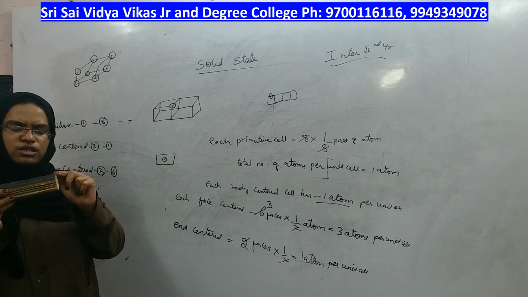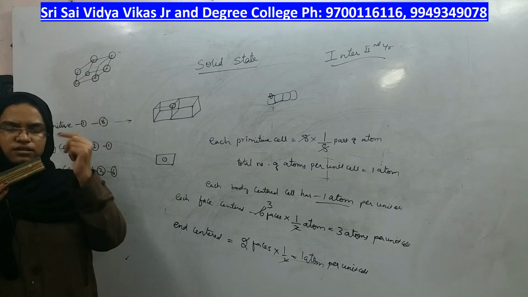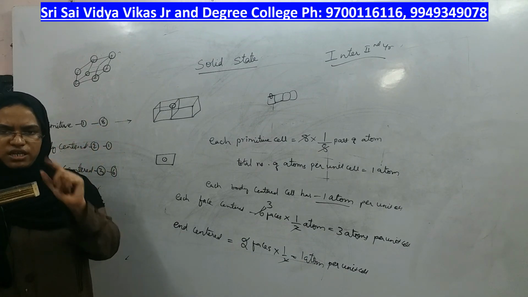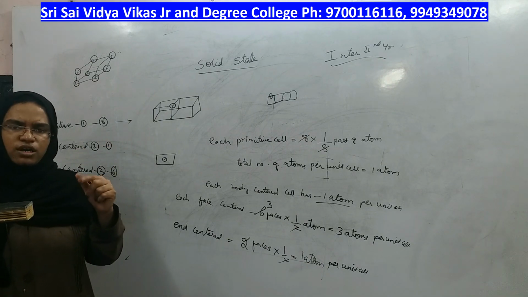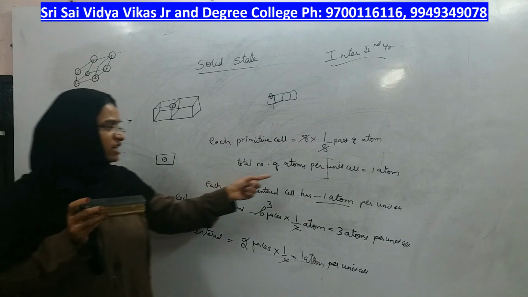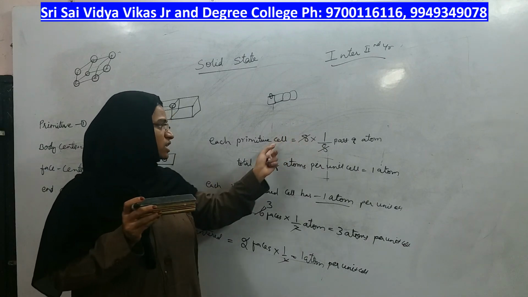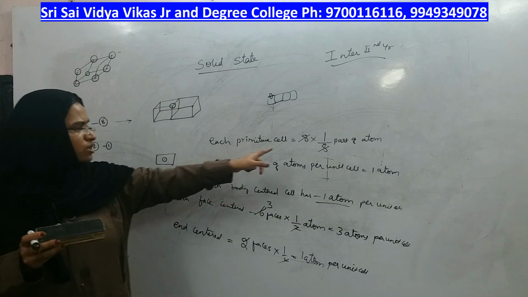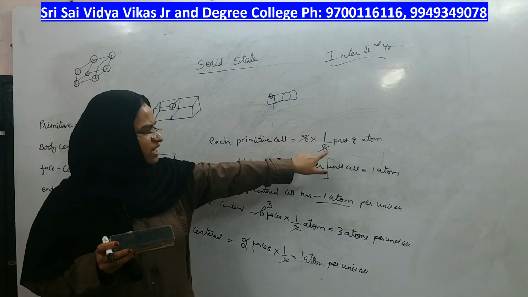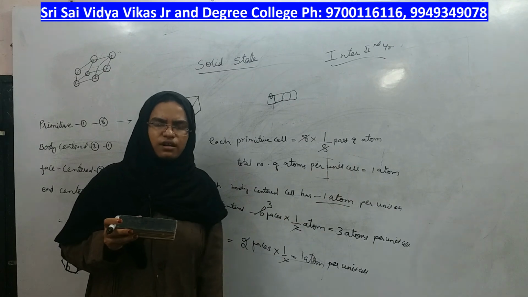Like that, corners also the same. 8 surroundings are sharing the same corner, therefore 1/8 part of the corner belongs to each cell, and the other parts are shared by other cells, right? So 8 corners, each corner 1/8 part, total atoms are 1, right?